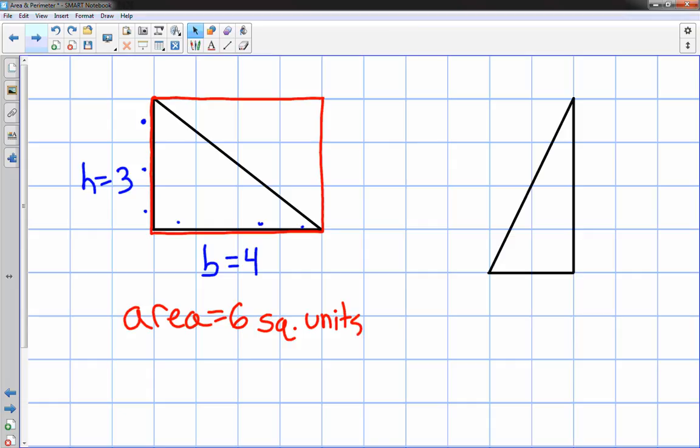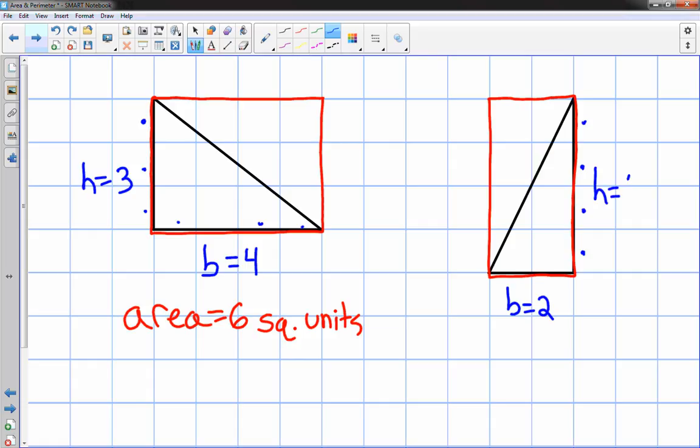I have another triangle over here. And again, you want to imagine it's inside a rectangle. And then use the triangle's dimensions to your advantage to figure this out. Has a base of 2, has a height of 1, 2, 3, 4.